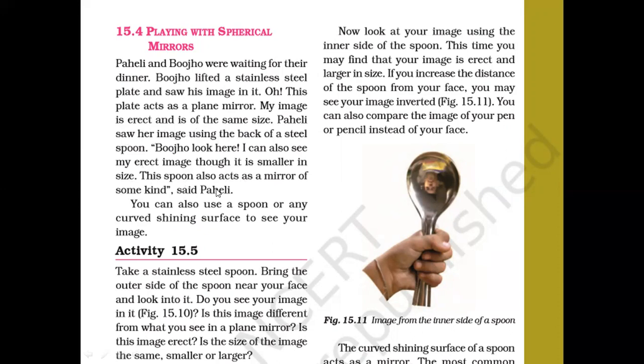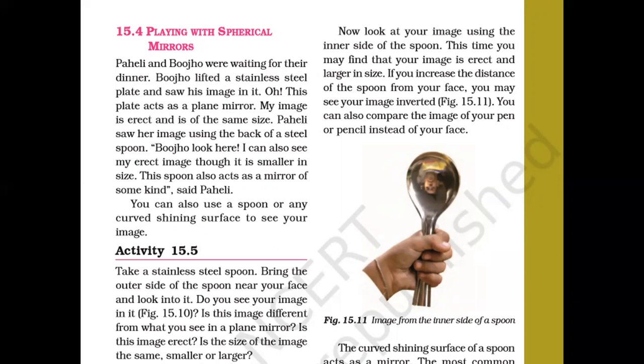So now this is a dialogue between Bujo and Paheli, and they are discussing what they have learned in their class, that is about plane mirrors. They take a stainless steel plate, and when they see the image, they get an image which is erect and of the same size.